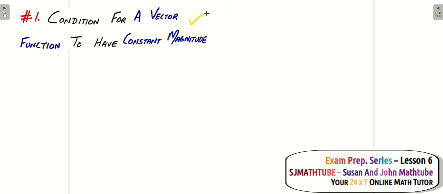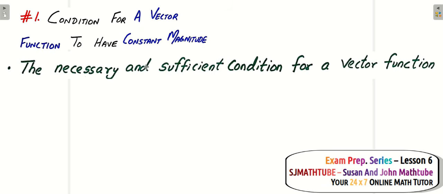The first proof is the condition for a vector function to possess constant magnitude. I told you, whenever you have a vector, you associate it with two quantities, magnitude and direction. Now the question is, what might be the condition for a vector function to possess constant magnitude?